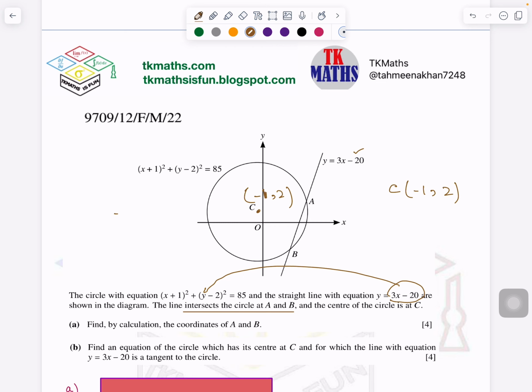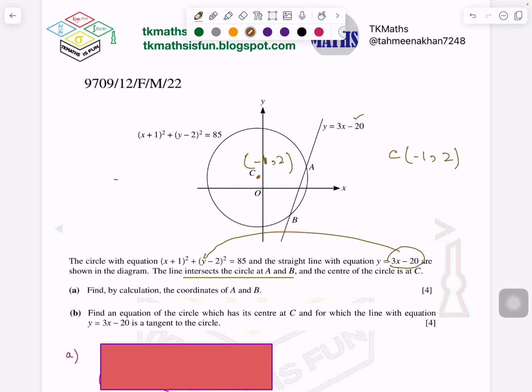Now part B of the question is saying find the equation of a circle. Which circle? The one which has the same center C, but this given line becomes a tangent to it rather than passing through it. So in other words, if I try to show it to you, what does it mean? Suppose this is a circle.